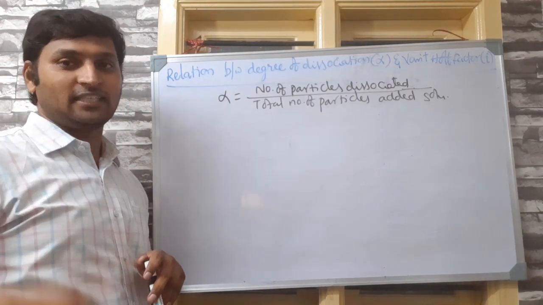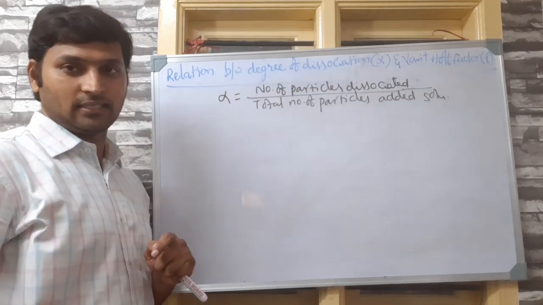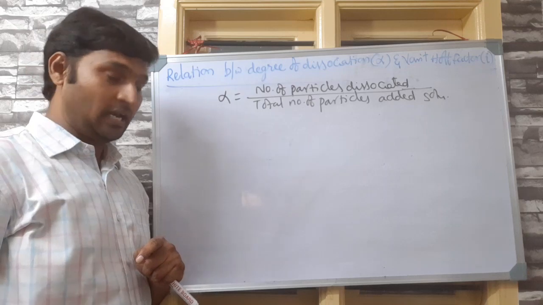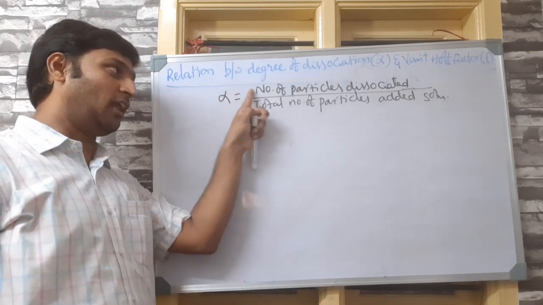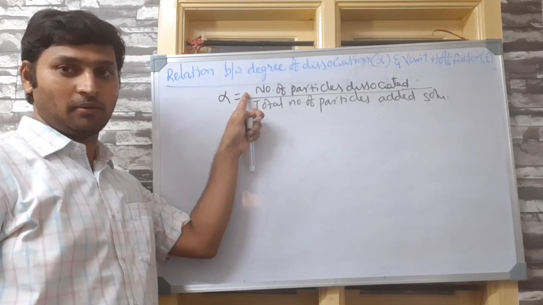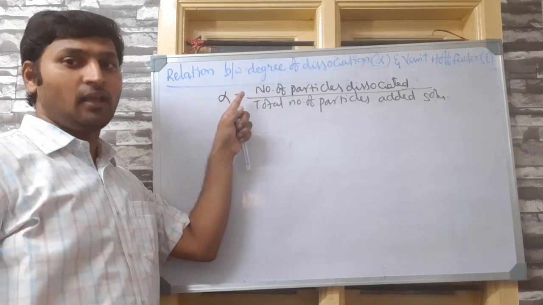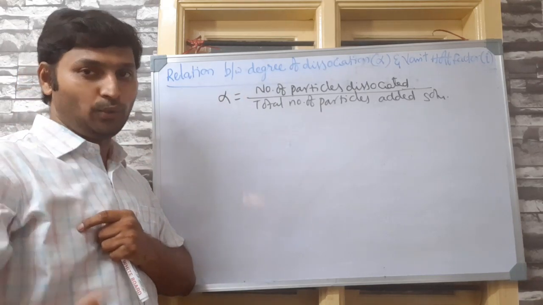It can be expressed as a fraction as well as a percentage. If you want percentage, multiply it by 100, that's simple. Now, if all the particles we have added dissociate, that is called 100% dissociation I was talking about, then alpha comes out to be 1. If not, alpha will be less than 1. So the highest value of alpha will be equal to 1.